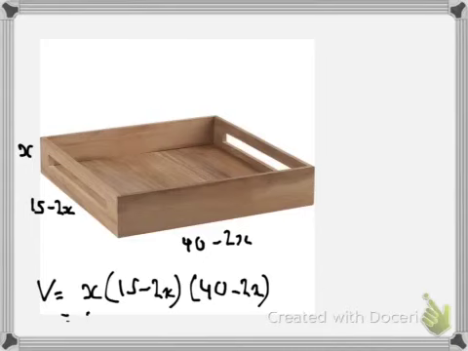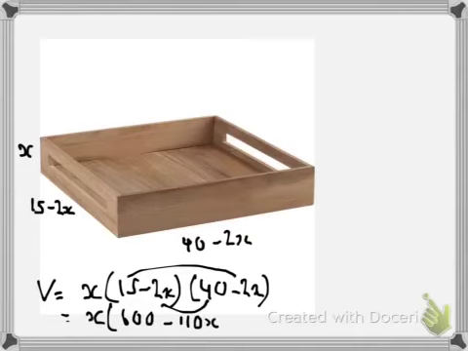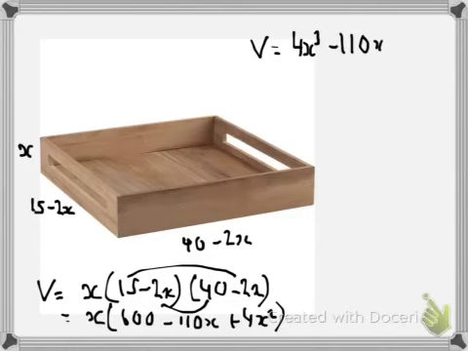If we remove the brackets, we get x outside of 600, minus 30x, minus another 80x is minus 110x, plus 4x squared. Therefore the volume is 4x cubed minus 110x squared plus 600x. Now you can use calculators for a lot of this stuff, but I'm doing it without at the moment.